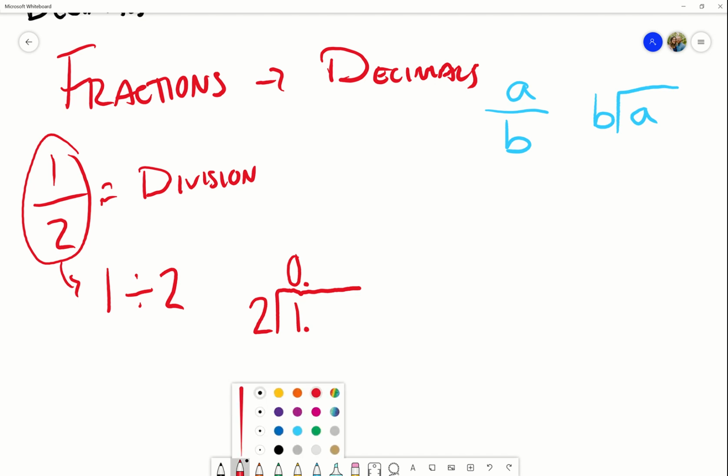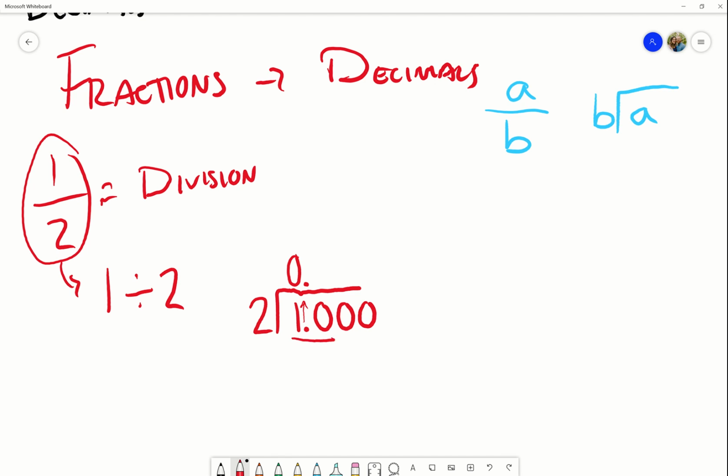Our decimal is just going to come straight up. We add a decimal and bring it up, and then once we add a decimal, we can add as many zeros after that decimal as we want. Doesn't matter how many. Once we add a decimal, we can add as many zeros that it takes for us to solve our fraction. So now we know 2 can't go into 1, but 2 can go into 10.